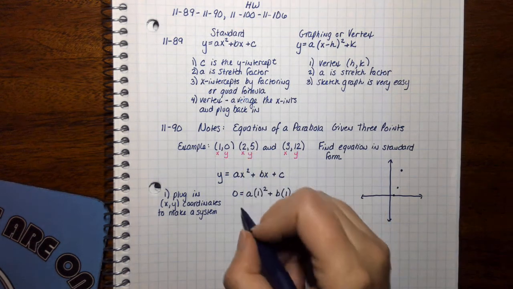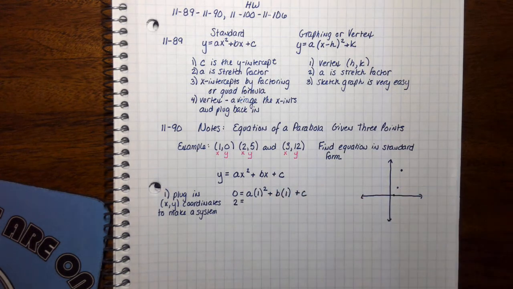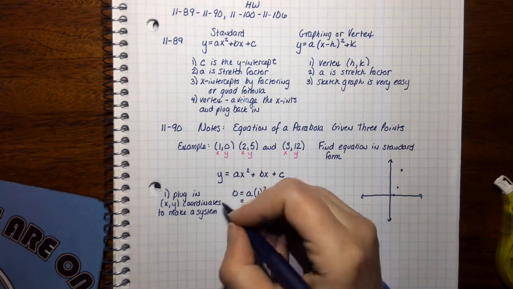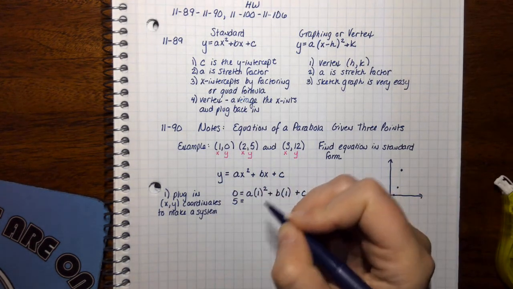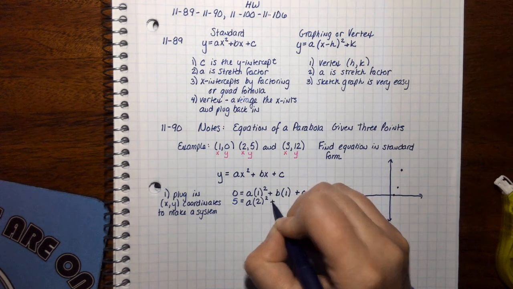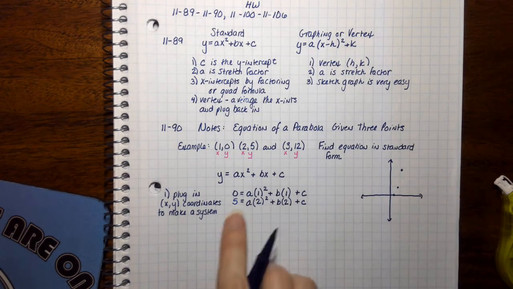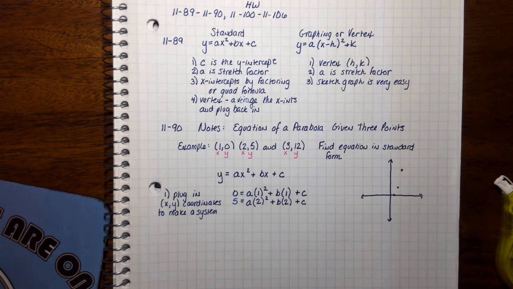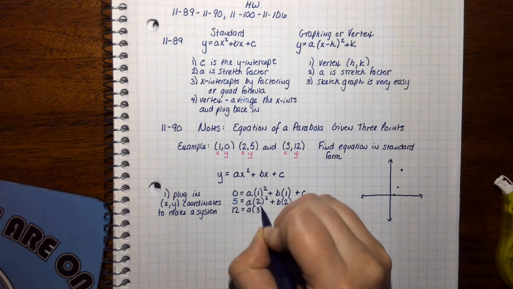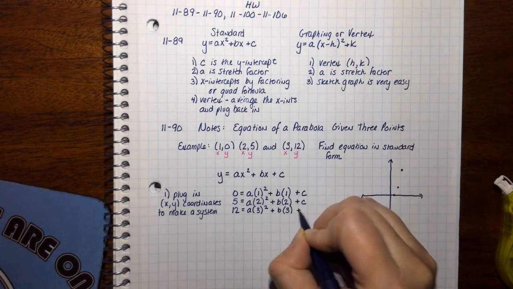Okay, now we're going to do the second equation. 5 equals a times 2 squared plus b times 2 plus c. y, x, x. 12 equals a times 3 squared plus b times 3 plus c.